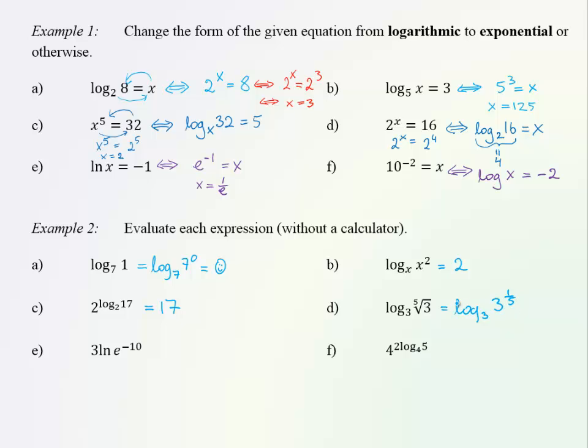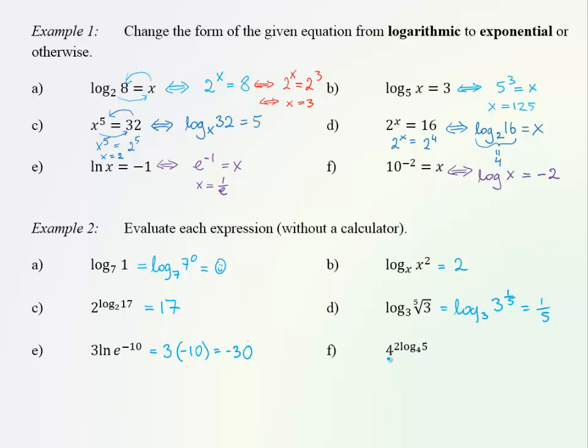And then we are able to cancel log with base 3, leaving us with 1/5. The next question: we have 3 times ln of e to the negative 10. Ln has base e, so it cancels this exponential base e, and we end up with just negative 10. So overall, we have negative 30.